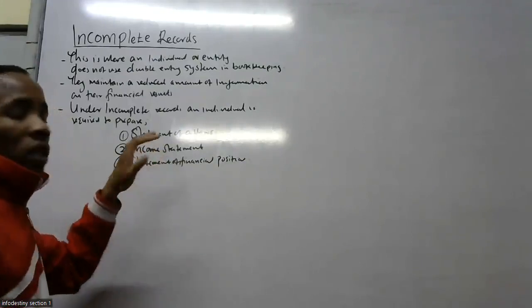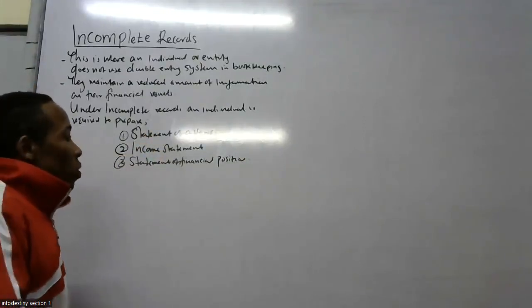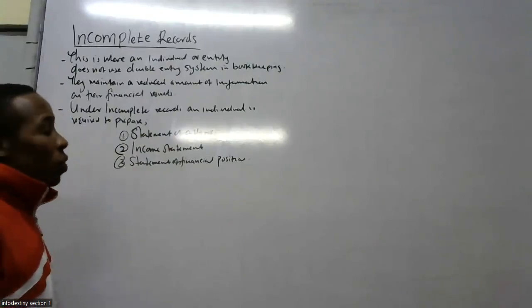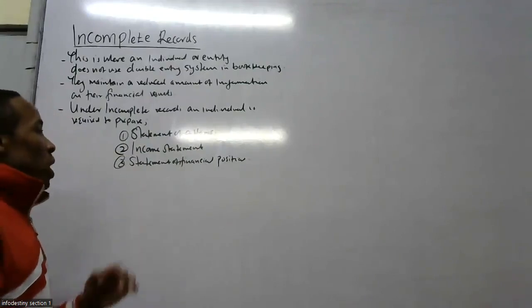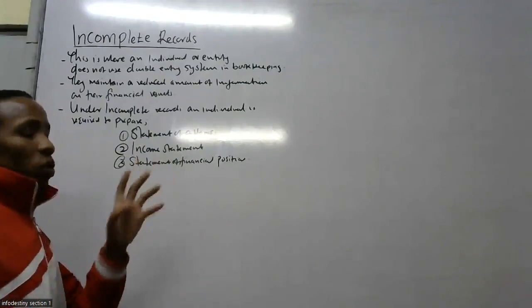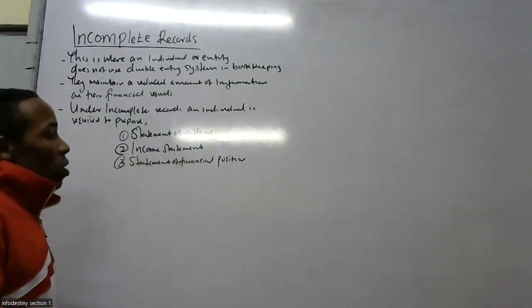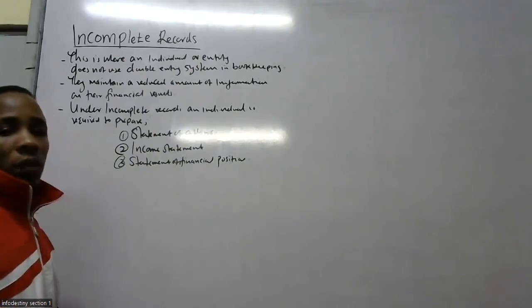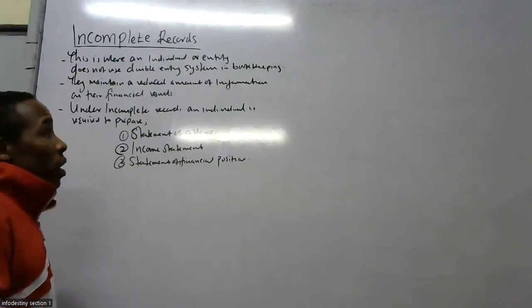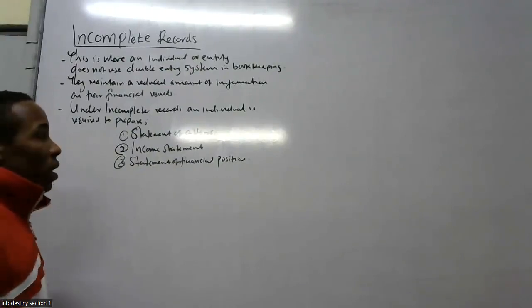The income statement is the normal statement that we prepared under the sole trader, only that we'll be required to find some items when preparing it. The statement of financial position is the same format. It's only that we will also determine some of the missing figures under the records given.